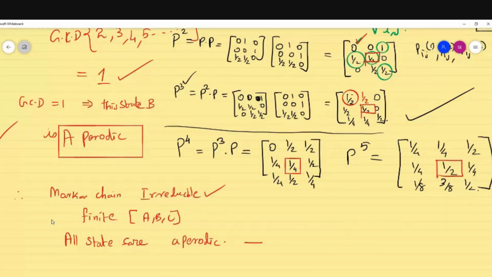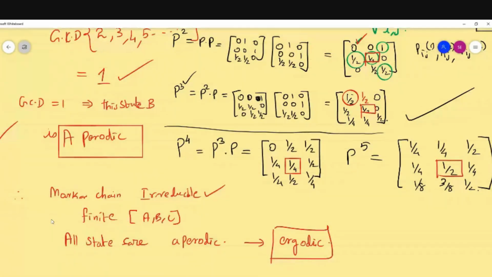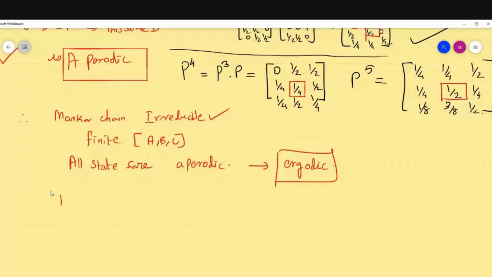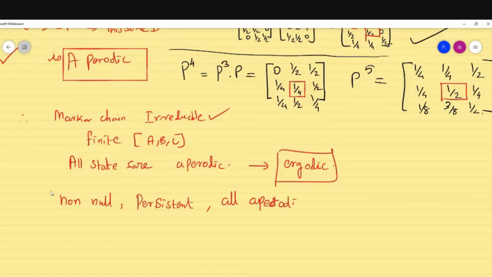We know the definition of ergodic. What is ergodic? A finite chain which is irreducible, and these 3 words you have to remember: non-null, persistent and aperiodic. Then we can say it is ergodic.